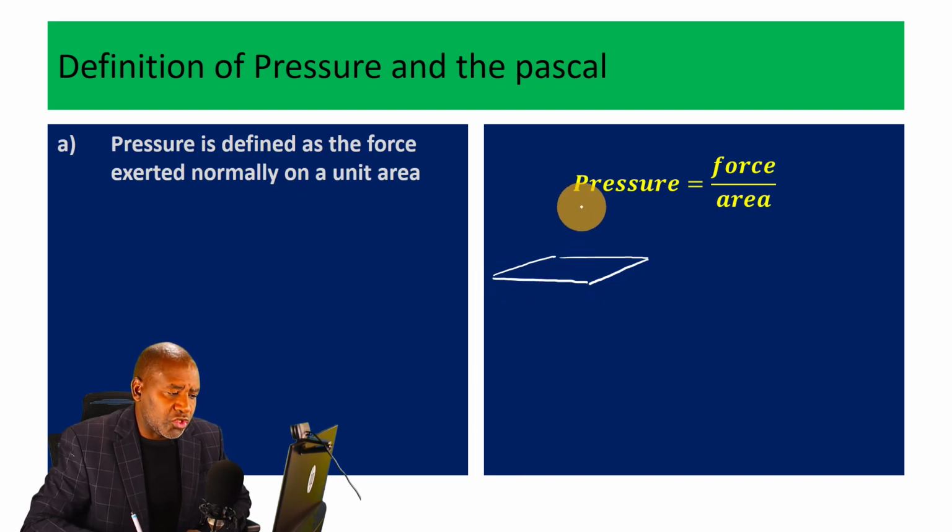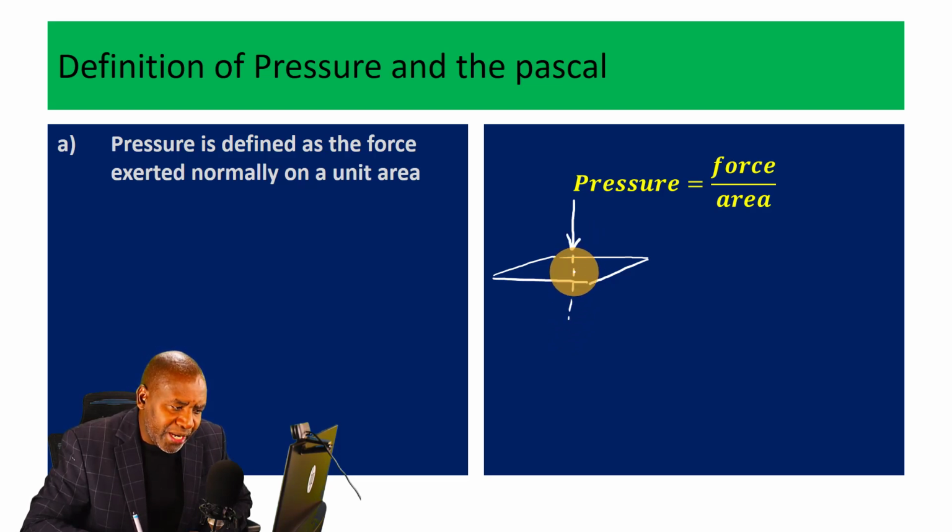That one is a horizontal plane, and the force is perpendicularly downwards. You agree with me that at this particular point whereby the line of action of the force makes contact with the area, you find that it is 90 degrees. So the area and the force are perpendicular to each other.